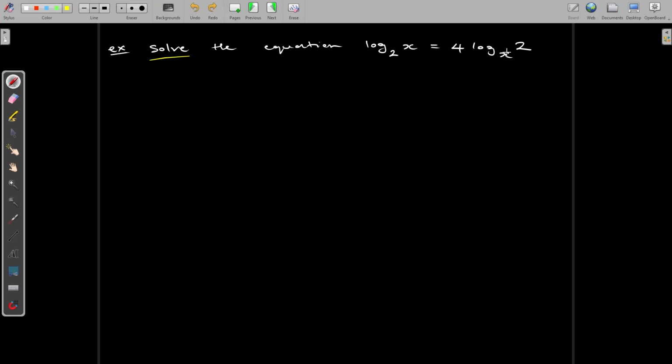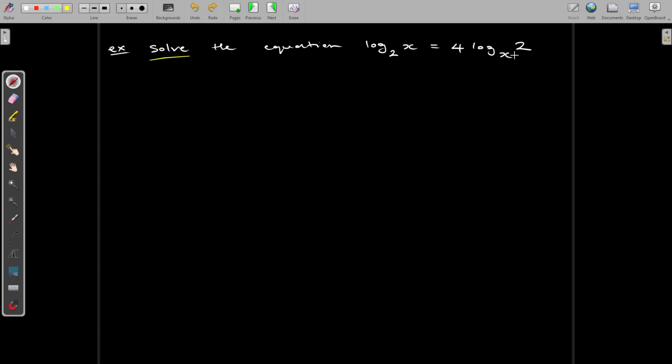That's where we're going to get this base out of this part here. So we would need to convert this section to base 2 because we want to get the x out of the base. When it's in the base, it's harder to solve for it.